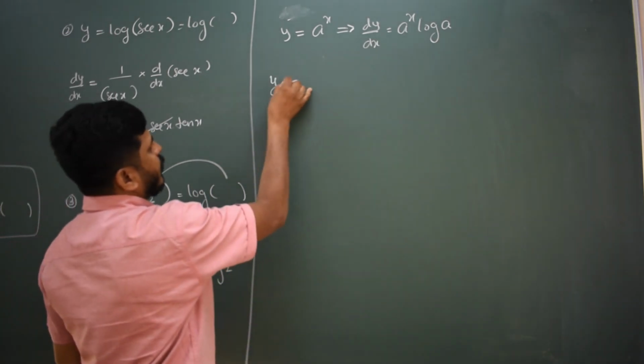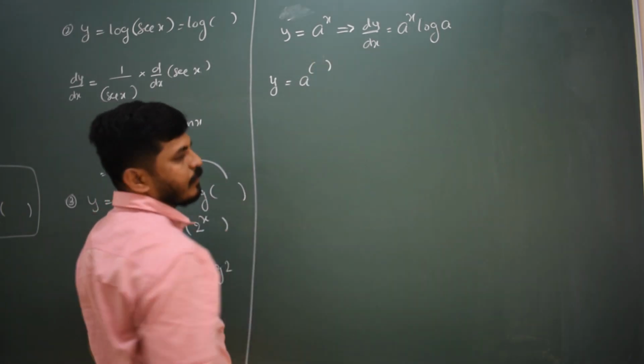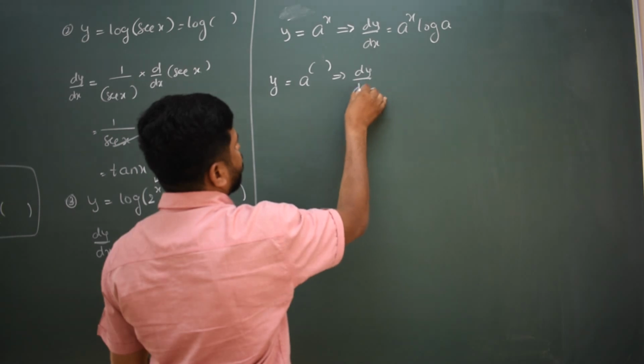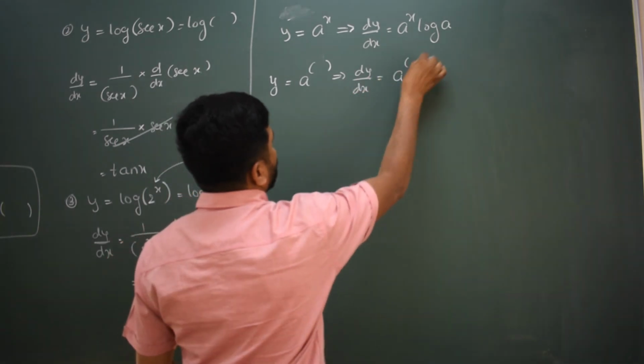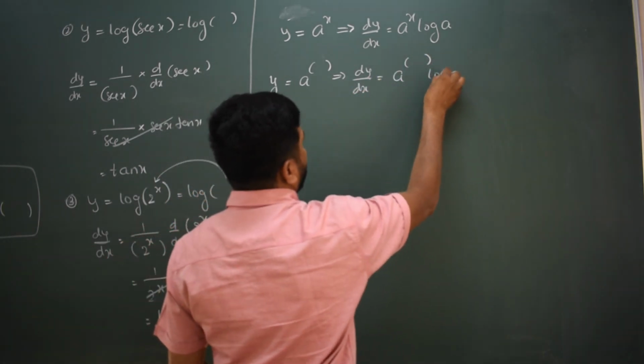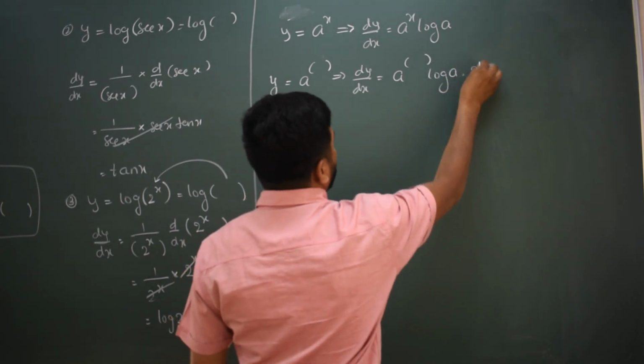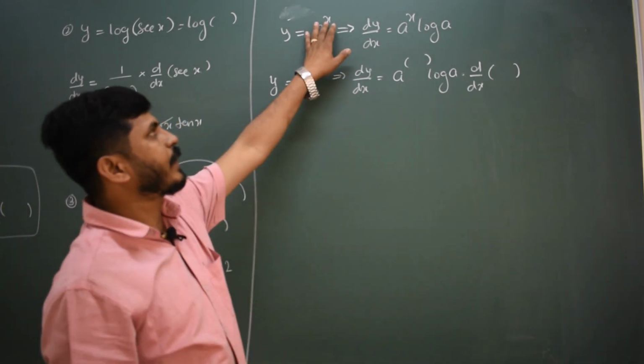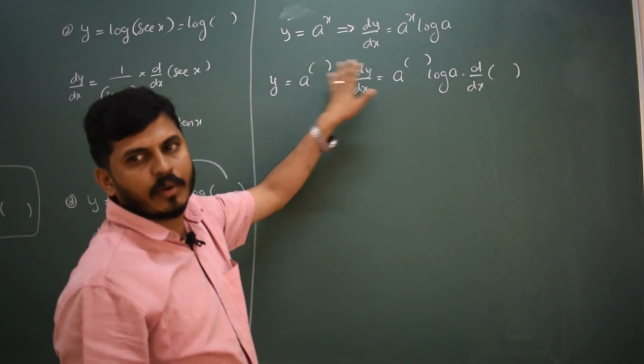Now read it as y is equal to a raised to something. What is its differentiation? dy by dx is equal to a raised to something into log a into differentiation of something. In the place of x, whatever you have, that you have to differentiate.